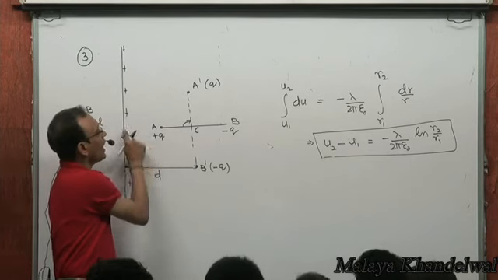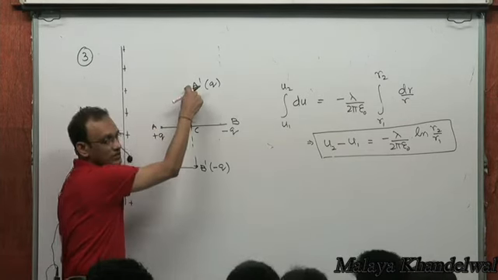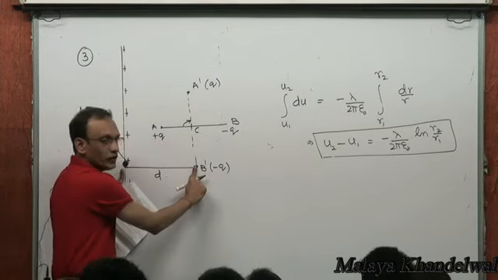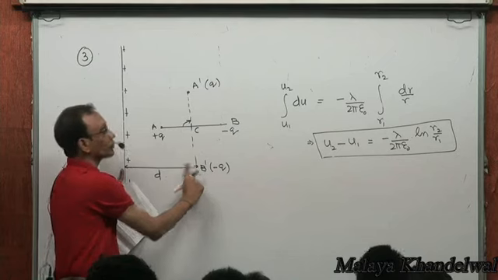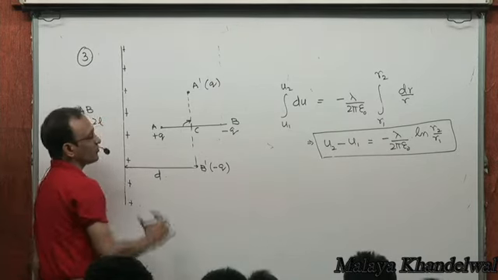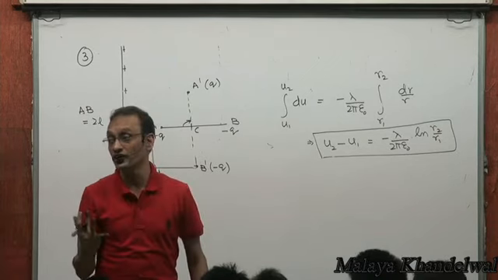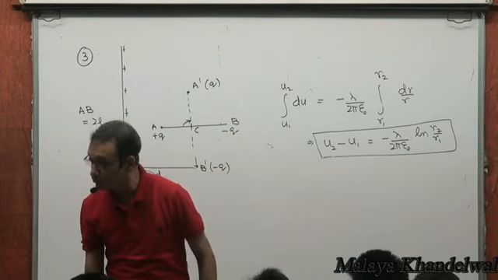For A, R1 is this and R2 is this. For B, R1 is this and R2 is this. Right? So I want to find the total work done. That means the total change in potential energy of A plus the total change in potential energy of B.